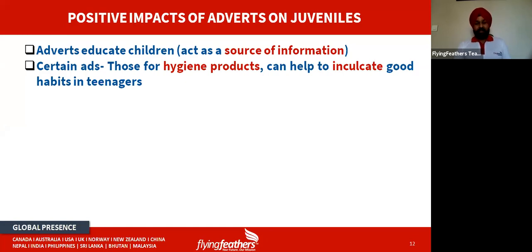So certain advertisements are like this, like nowadays we see advertisements, and earlier also we regularly saw Dettol ones, like hand wash, or when we are getting any type of injury, we should use Savlon or Dettol. Such advertisements inculcate good habits in the younger generation. Inculcate means to instill something. Instill means they learn something, good habits. Teenagers learn good habits from these, right?